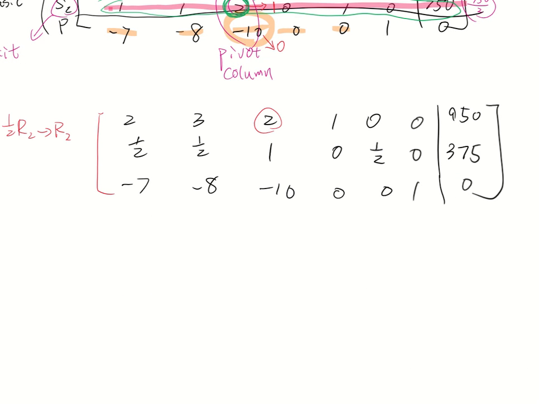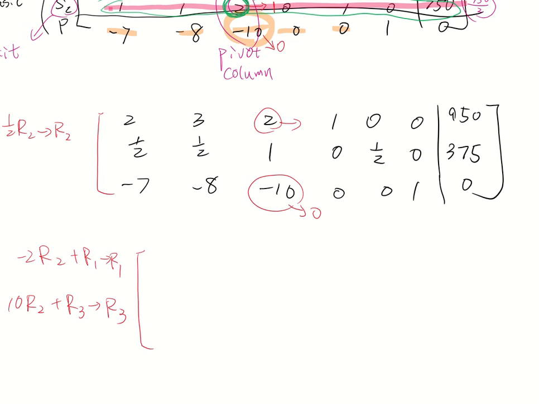Now let's turn the other two elements in that pivot column into 0. So I will multiply R2 by -2 and add it to R1 to make the new R1, and multiply R2 by 10 and add it to R3 to make the new R3. R2 doesn't change at all. We're not doing any row operations on R2, so that stays the same.